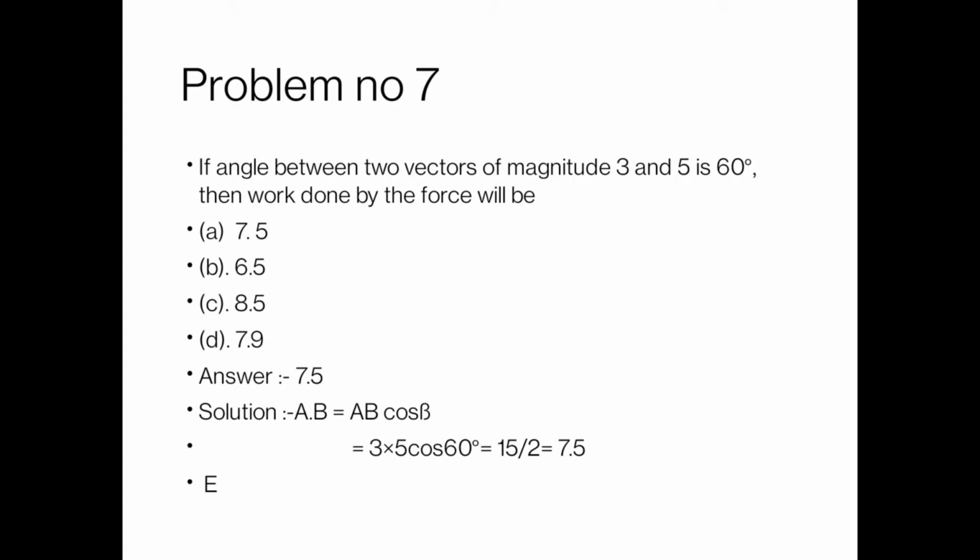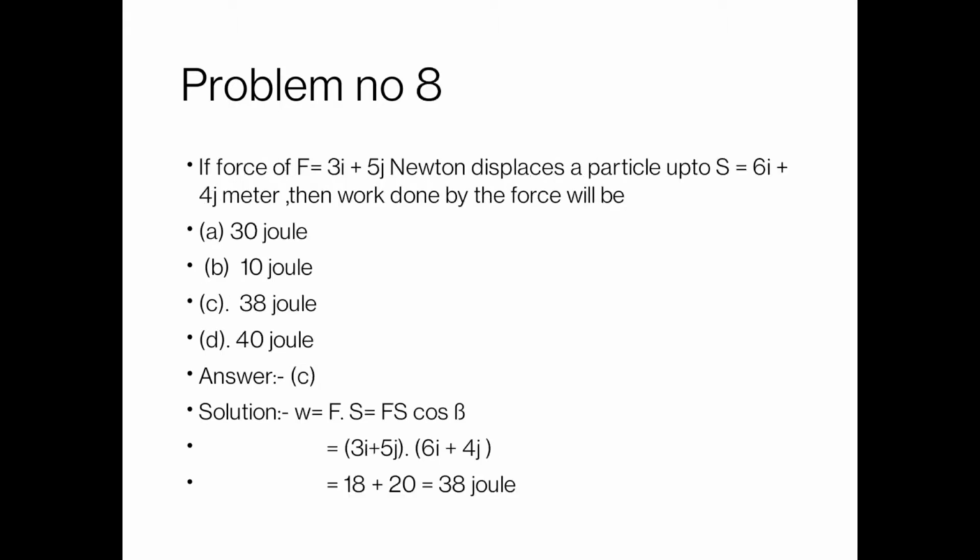A is 3, B is 5, cos of 60 degrees is 1 by 2, half. So it comes out to be 15 by 2, and the answer is 7.5, which is our option number A.